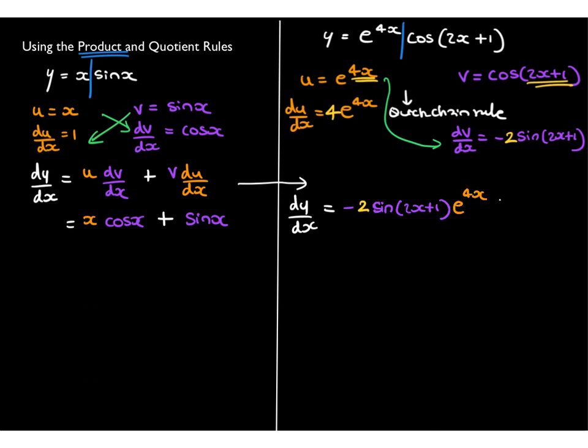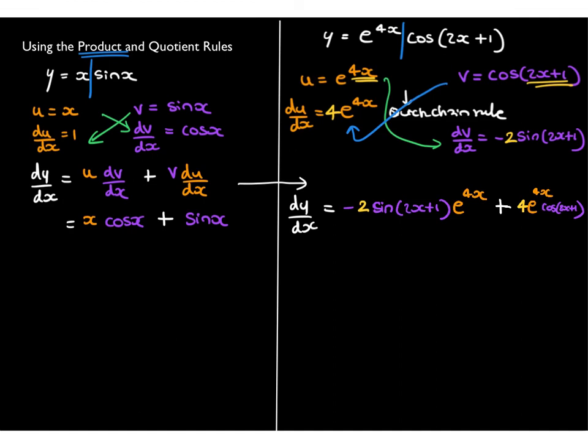And we then want to add on v multiplied by du by dx, which we have over here. So that gives me 4 e to the 4x, and then of course cos 2x plus 1.